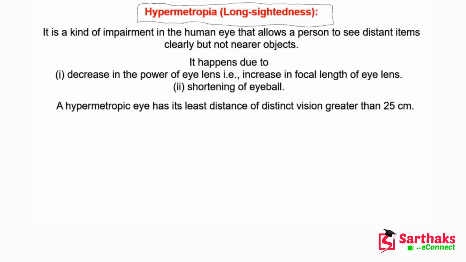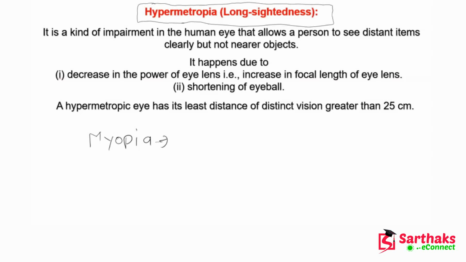Now, this hypermetropia is just opposite of myopia, because in myopia what happens? In myopia, we cannot see the far objects, but we can see the nearer objects clearly.